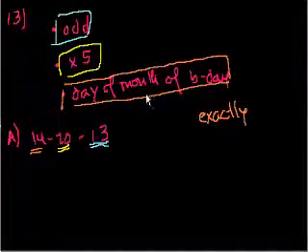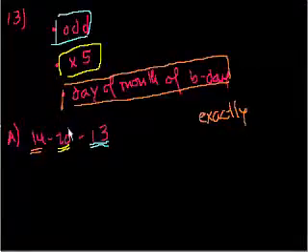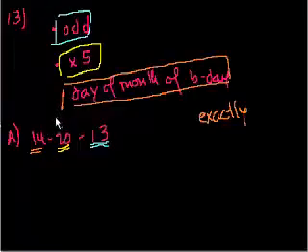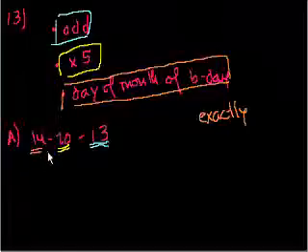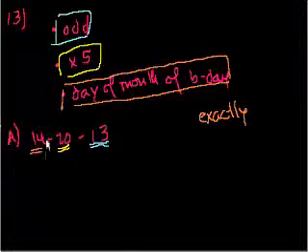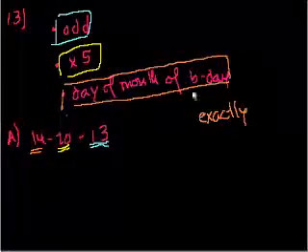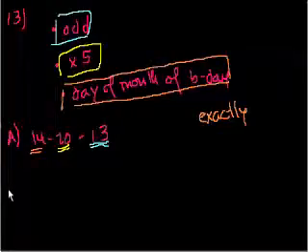But here we have to assume that the 14th is his birthday. This works if and only if the 14th is his birthday, which it could be. And if the 14th is his birthday, then 20 doesn't satisfy the day of the month of his birthday. It satisfies a day of the month, but not his birthday. I know that might seem a little technical, but you'll see why I had to make that distinction as you go into choice B.